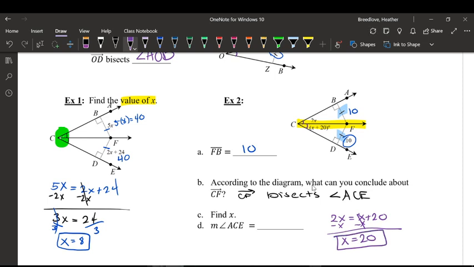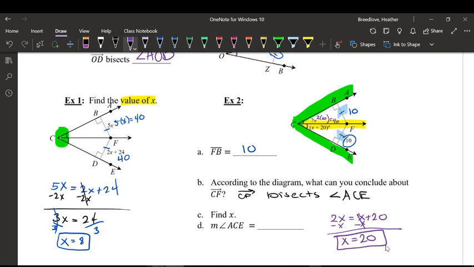All right, so if x is 20, we want the measure of angle ACE, A to C to E. Let me mark it in green. It's made up of those two angles that are congruent, and we've already solved for x. X is 20. I really just need to solve for one of them. This is 2x, so 2 times 20, that's 40.